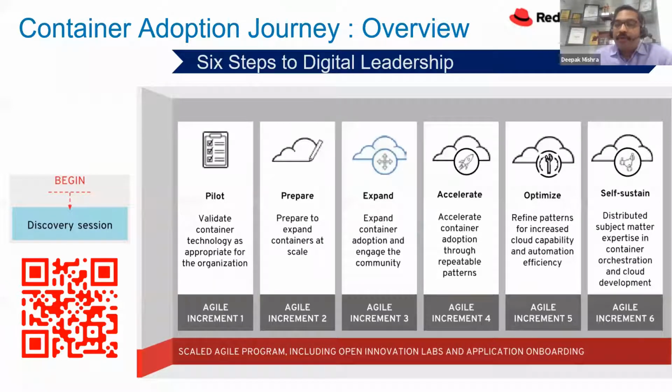So the repeatable practice for application onboarding is to create, or identify, a small team where things can quickly start. And as you bring multiple applications, you move to the next phase. Next phase is what? Accelerate and optimize. Here you prepare to make sure how containers can be built and scaled.